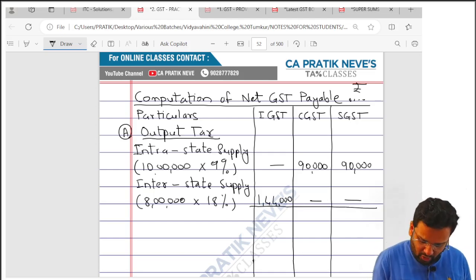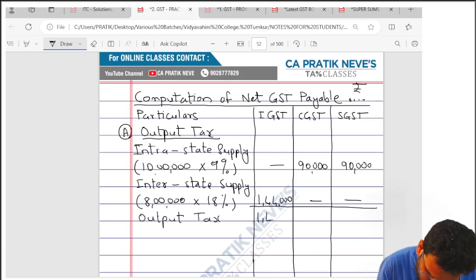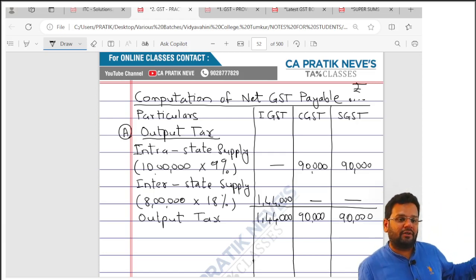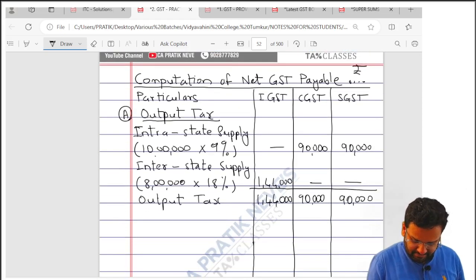So have you all got output tax as 1 lakh 44,000 of IGST, 90,000 of CGST and 90,000 of SGST? How many of you have got these figures correct? Very good. Now what next?